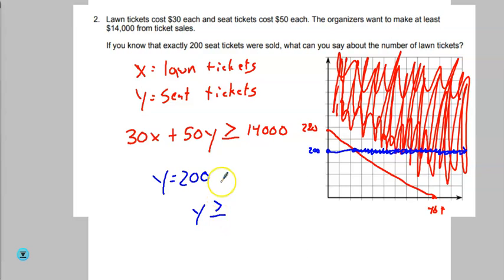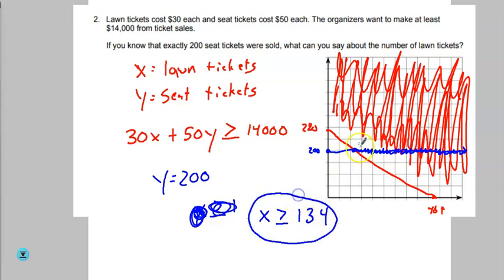So the lowest number of tickets they could do is, or this should be X. Oh, sorry. Your X would have to be greater than or equal to 134 tickets. Because again, that's 133.3, but if you rounded down, it would come back into the unshaded region. You got to go above that.